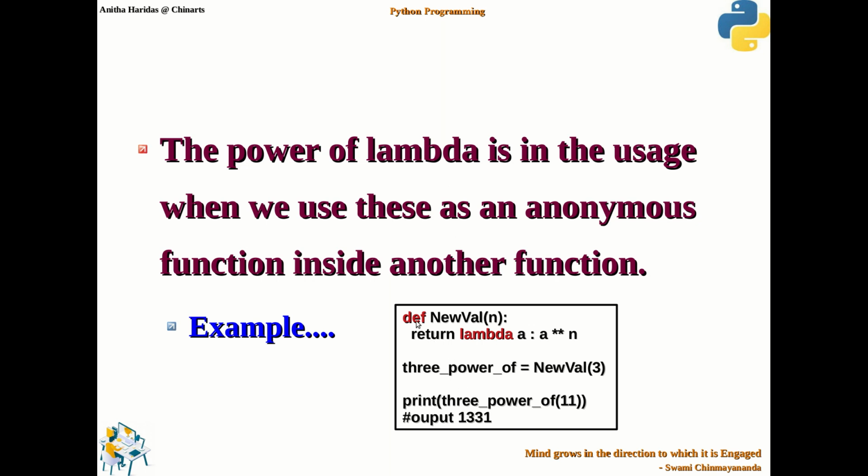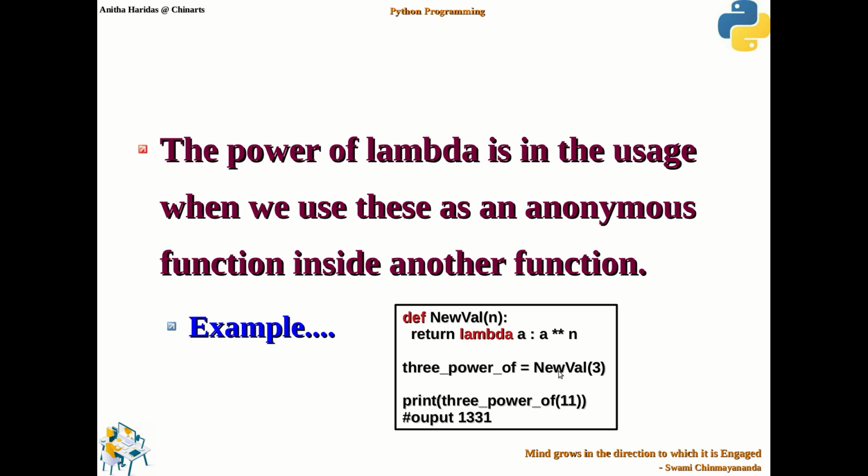I am defining a normal function, and inside the normal function I have a lambda function. Observe here, I have a normal function using def keyword. Then I am declaring a lambda function inside the normal function. I return the value of this lambda function.